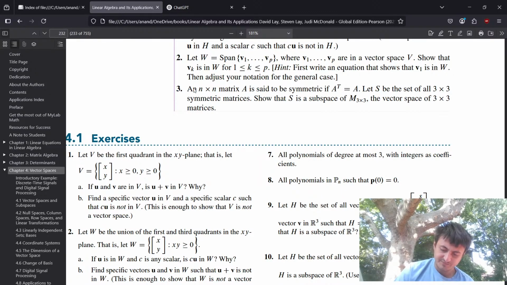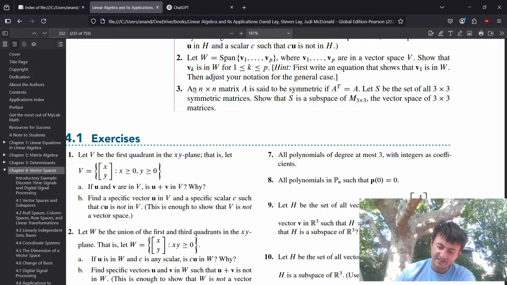But then let's take, say, e, f, f, g. This is B. Then we take A plus B, we get a plus e, f plus b, f plus b, g plus d. So basically anything that's off diagonal is going to be added, so it's going to stay symmetric. So therefore it's closed. So u plus v is in A.